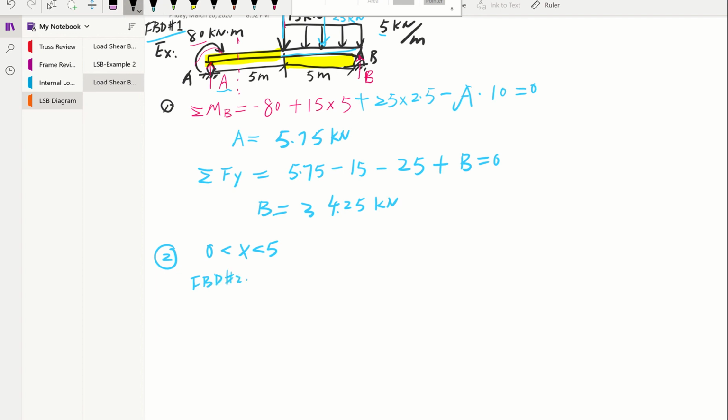For FBD number 2, I'm going to use the left section because that's the simplest solution to solve it. For this problem, the left is going to be way easier than the right. Hope you agree with me on that. And then what do we have? At point A, we already know this reaction. A is 5.75.